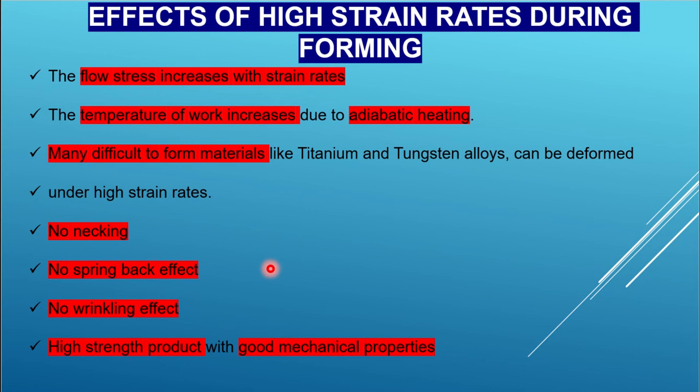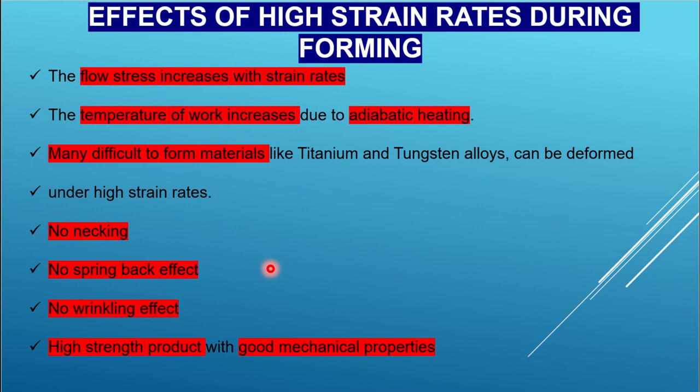For example, if I am compressing a particular material from 10 mm height to 5 mm height, depending upon the elastic modulus, when I check the final height after compression, definitely I am expecting 5 mm, right? But maybe it will be like 5.1 or 5.2 mm, because when the load is released, the material tries to recover back. That is 0.1 or 0.2 mm.